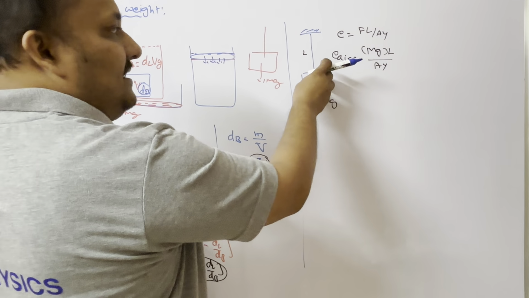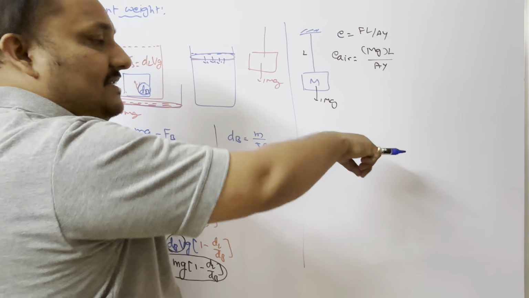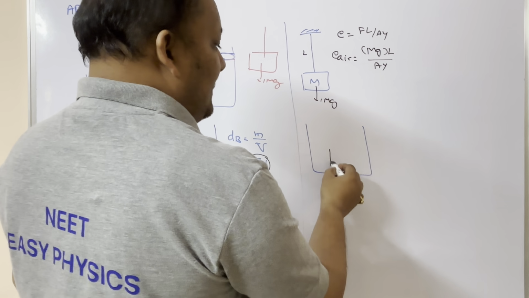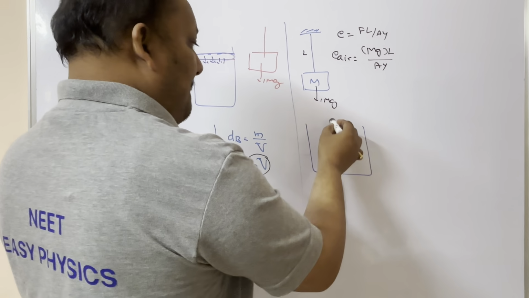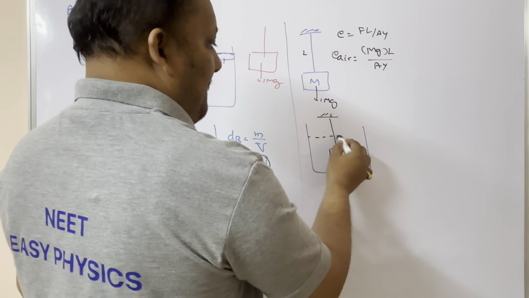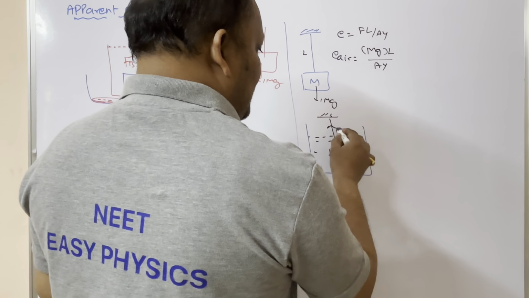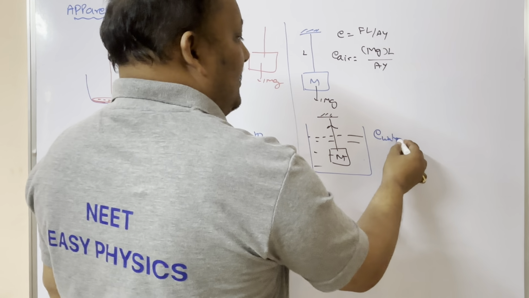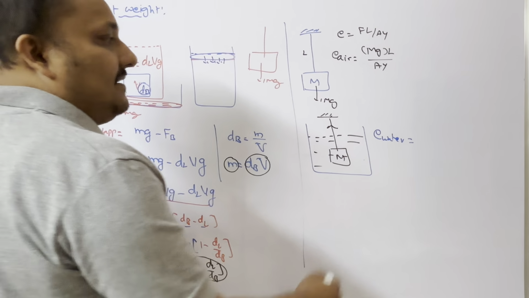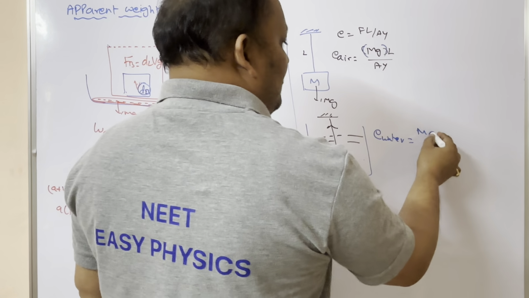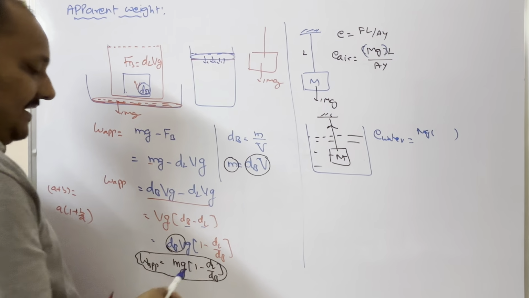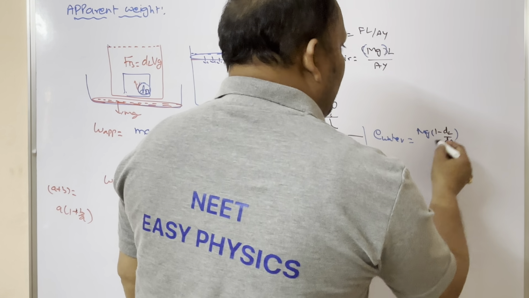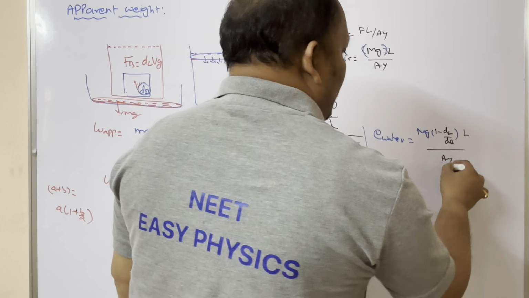Now, same object as it is, if you immersed in a liquid, whenever you are placing this object inside the liquid of mass m, then what is the tensional force or what is the elongation in water? They will ask. At that time, same force will write, but mg into what will write here? 1 minus dl by dB into L by AY.